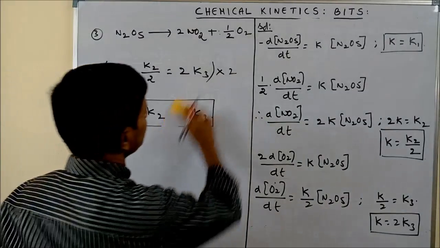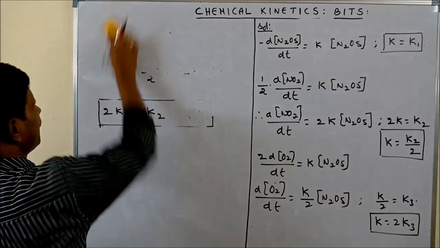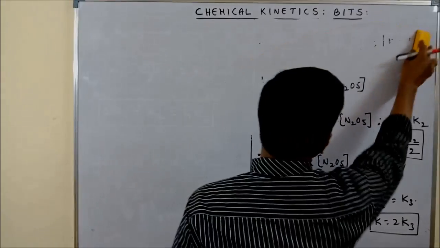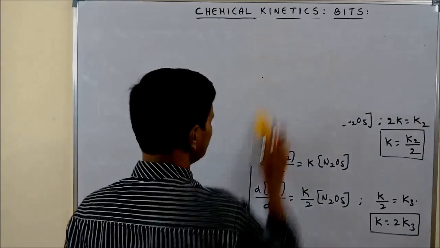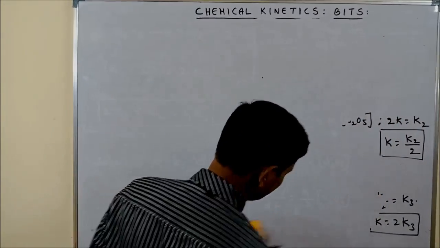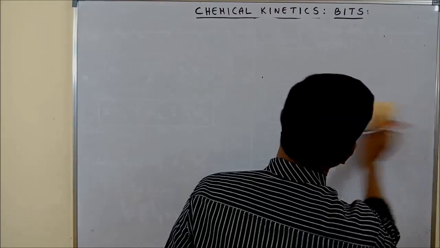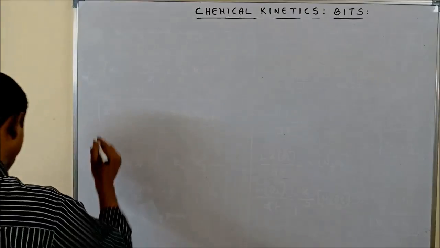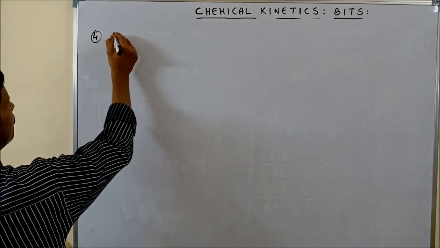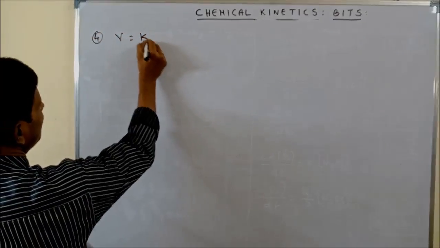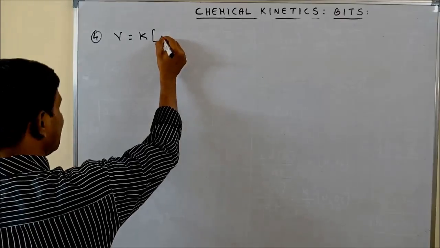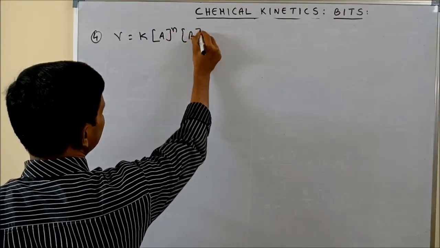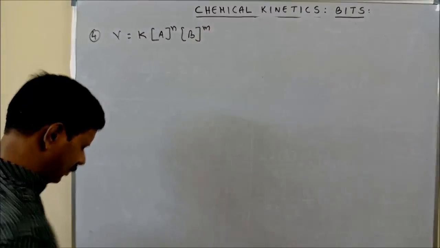See, sometimes they are going to change the concentrations, and we have to find out the ratio between the initial and final rates. So for that purpose, this is the process. R equal to K into A power N and B power M. This is the rate expression.